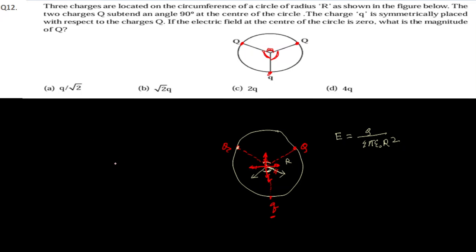For that, we can simply write that the electric field because of this small q at the center will be equal to the electric field because of these two capital Q charges.